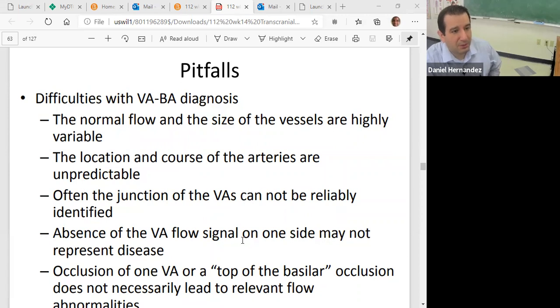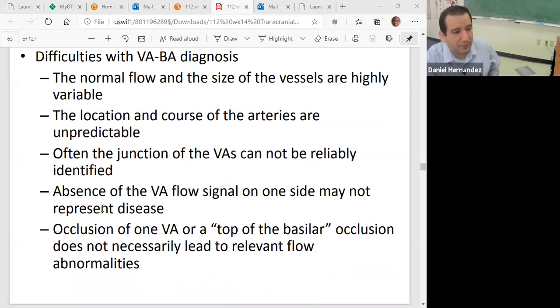So the vertebral and the basilar arteries are essentially flowing in that same direction away from us. Without the help of our 2D and color picture, we're just going based off of sound. And it's really tough to pinpoint where exactly that junction of the vertebral arteries is. I mean, we have a general idea based on depth, but we can't be 100% certain.